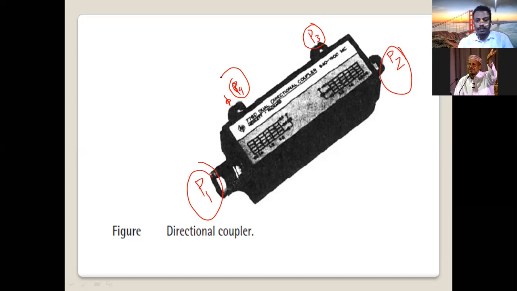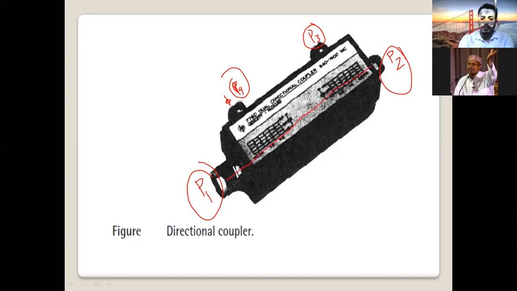So the next point you have to know: inside the coupler, as I said, there are 2 transmission lines. One transmission line inside connects port 1 with port 2.